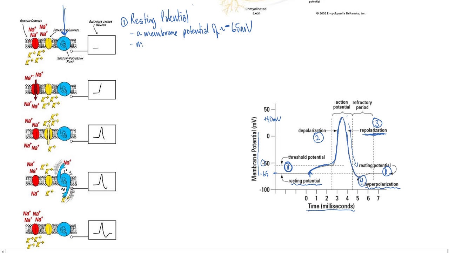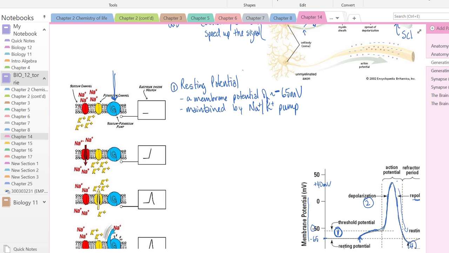It is maintained by the sodium-potassium pump. This sodium-potassium pump pumps 3 sodium ions out and, if you remember, 2 potassium ions in. Now, what that does is it maintains this.